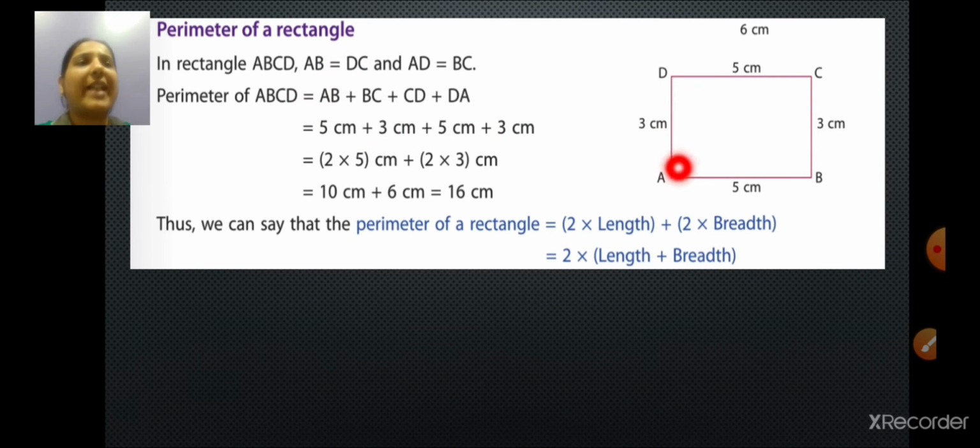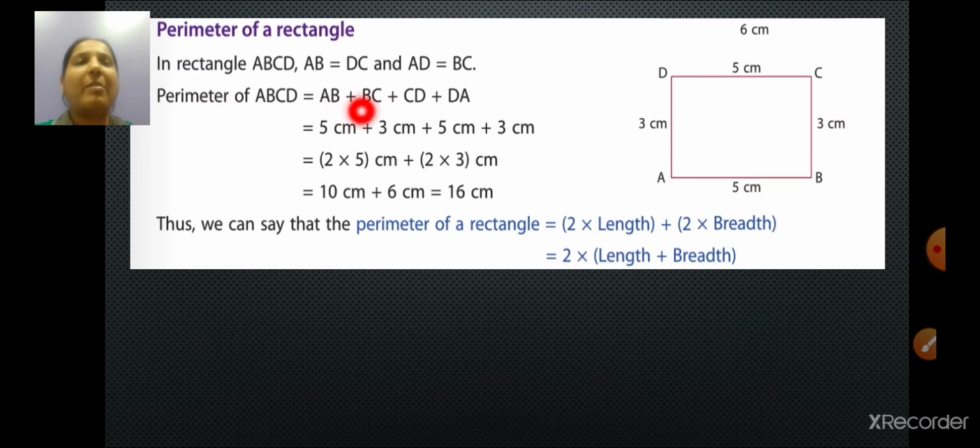So you can see one rectangle here, A, B, C, D. You can see this rectangle, and in this rectangle opposite sides are equal in measure. You can see the length is 5 centimeter and breadth is 3 centimeter, and opposite sides are equal in measure.